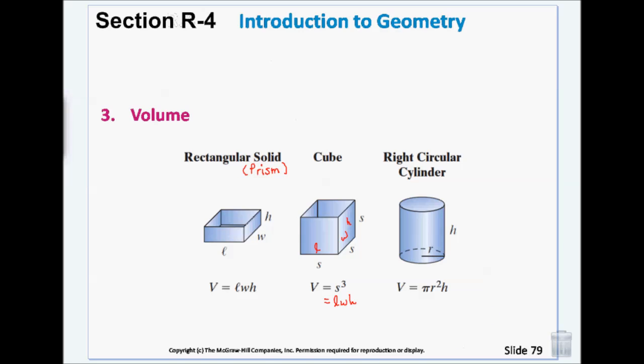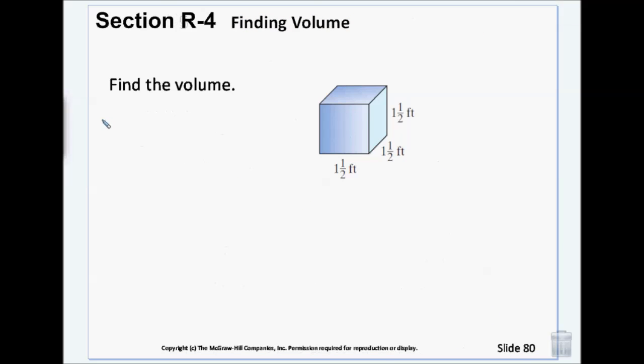And interesting little side. So we've got either length times width times height, or we can use side cubed because it's a cube. In any case, we're going to need to multiply these three numbers together, and I can't multiply mixed numbers, so I'm going to convert it.